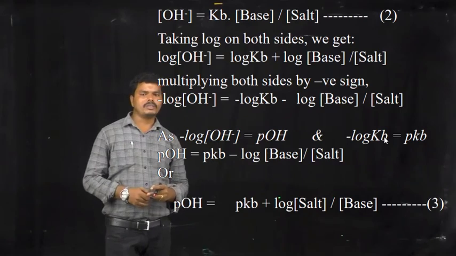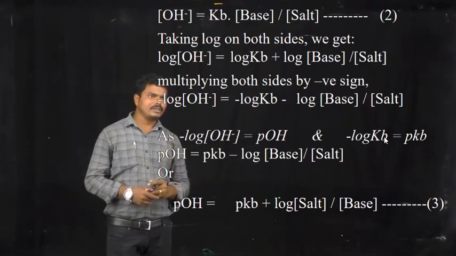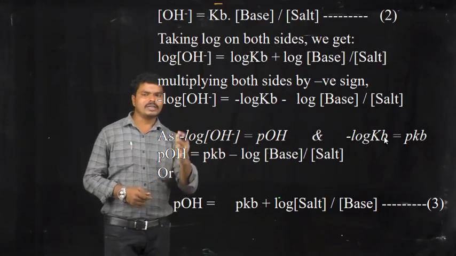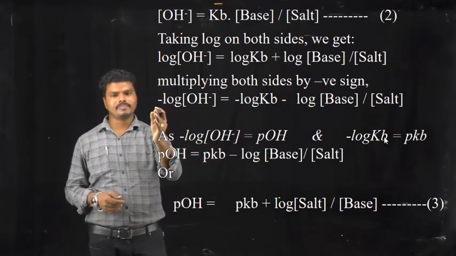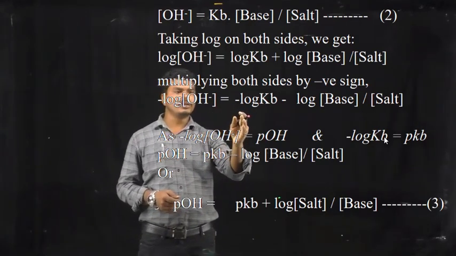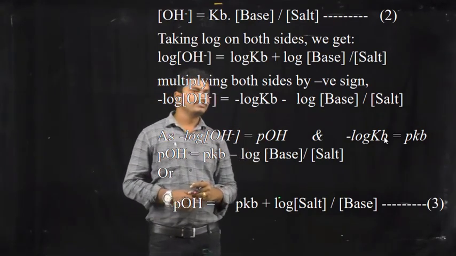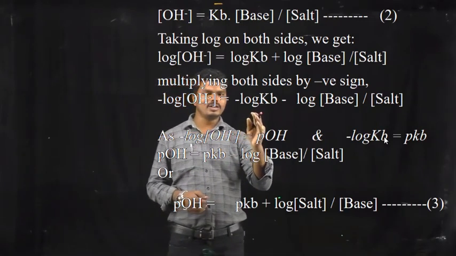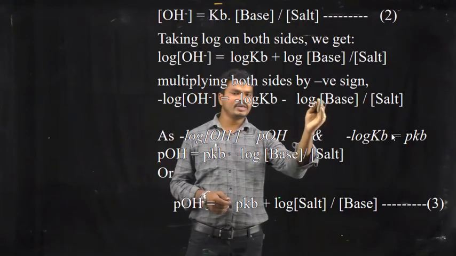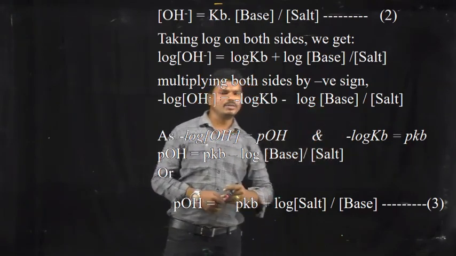When you multiply both sides of the equation by the negative sign, we get the equation like this: the negative logarithm of hydroxyl ion concentration is equal to the negative logarithm of the basic dissociation constant minus log of concentration of the base divided by the concentration of salt.